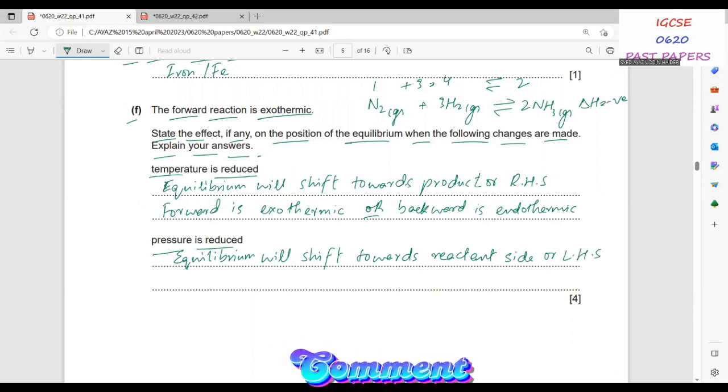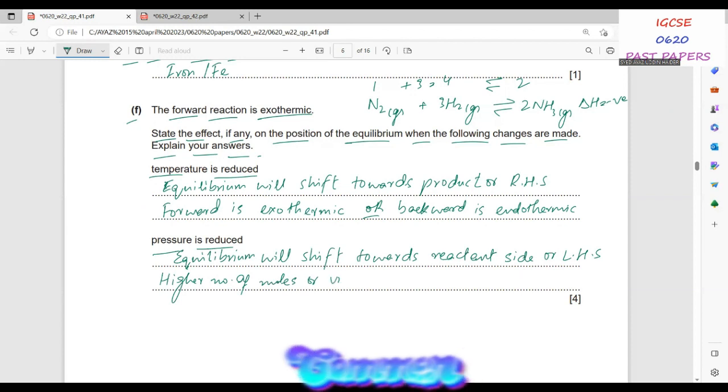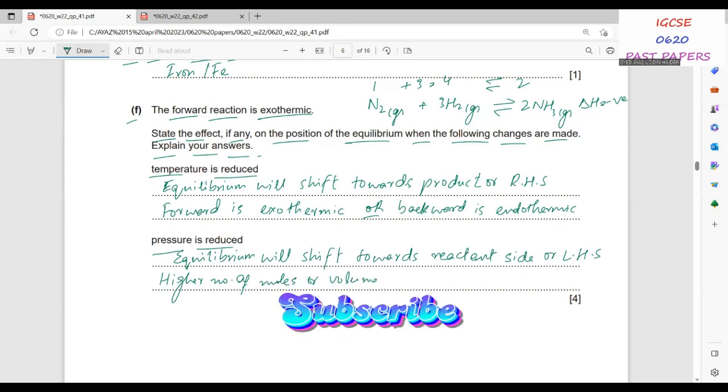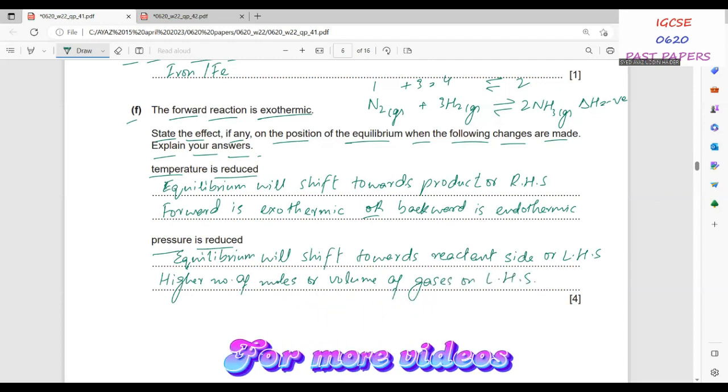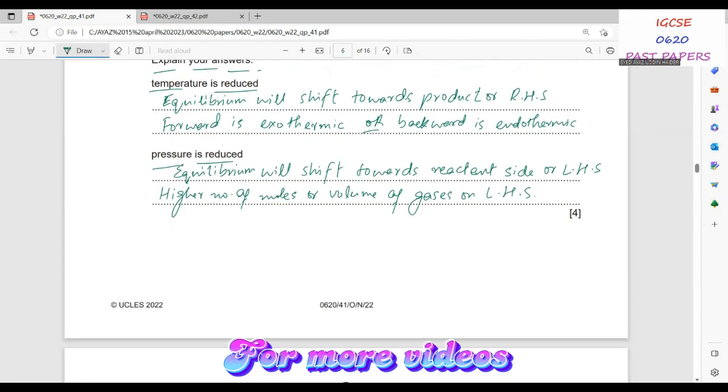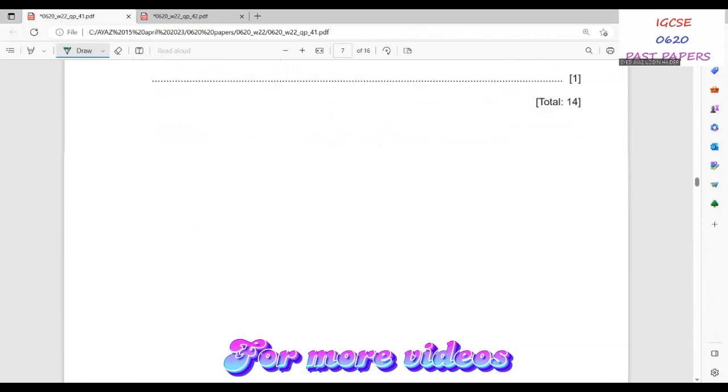Reason: higher number of moles or volume of gases on left hand side or reactant side. You can even write lower number of moles or volume of gases on right hand side or the product side.